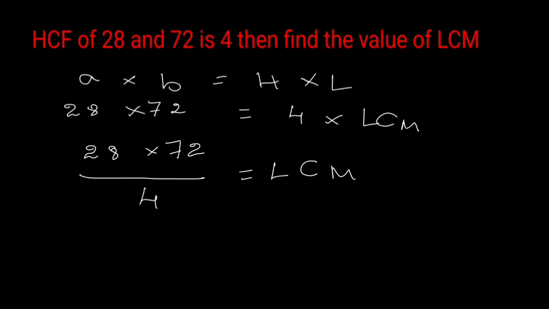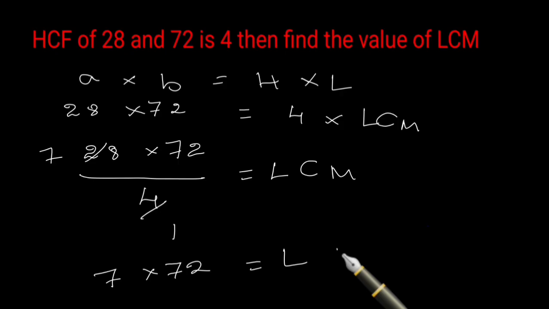Then 4 ones are 4, 4 sevens are 28, so 7 into 72, which is 504, is equal to LCM.